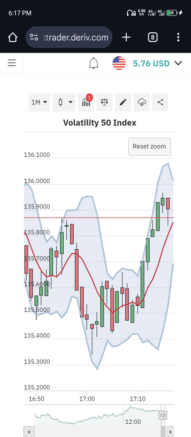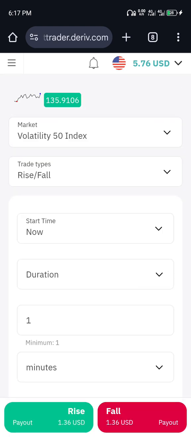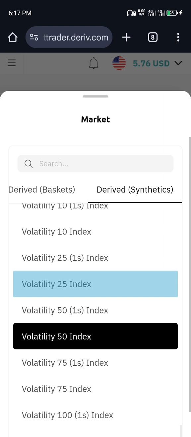The next candle is about forming. Which direction is it going? It seems that it's not going the way I want it to go. So without wasting time there, I have to check another market.